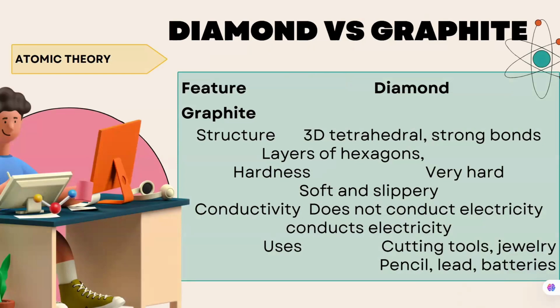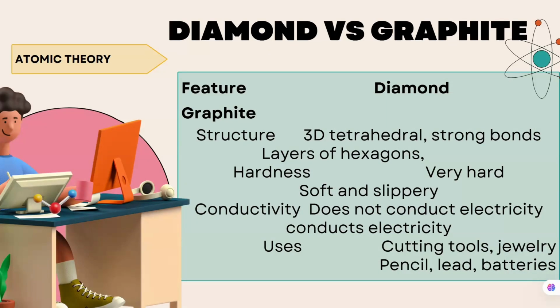So now we're going to be talking about diamond versus graphite. We have features of graphite and diamond: the structure, the hardness, conductivity, and uses. For the structure, graphite is a 3D tetrahedral and has strong bonds, while diamond has layers of hexagons.